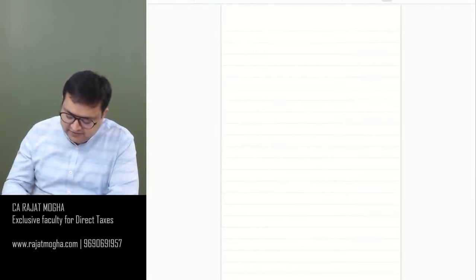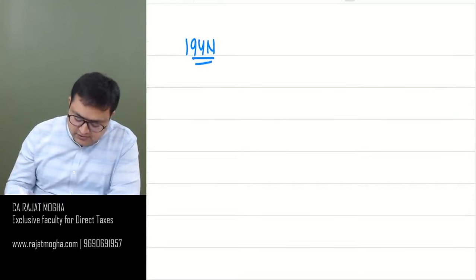In the same way, we have one more important section, which is 194N. This is TDS on cash withdrawal.